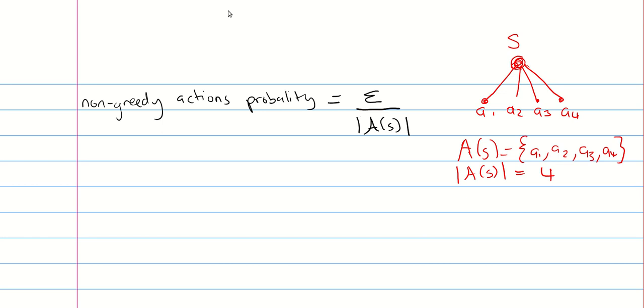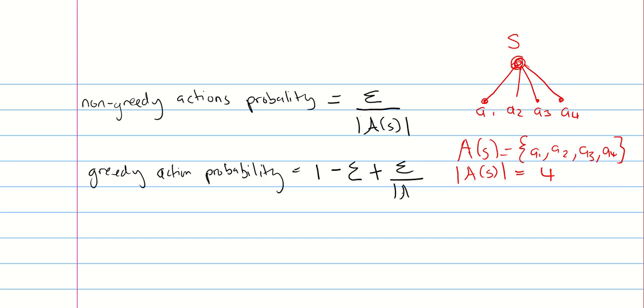So what does that mean? That means that the greedy action probability is equal to 1 minus epsilon plus epsilon over |A(s)|.